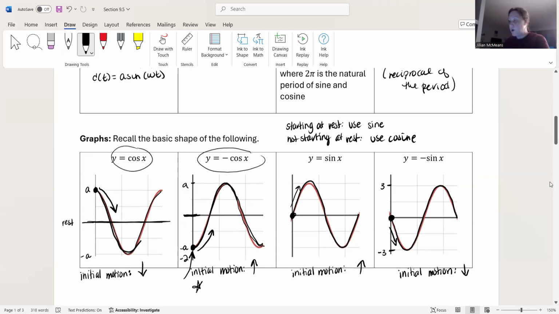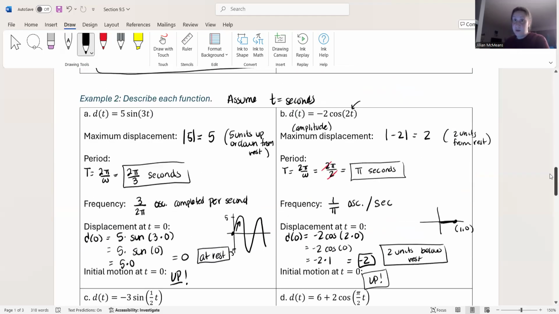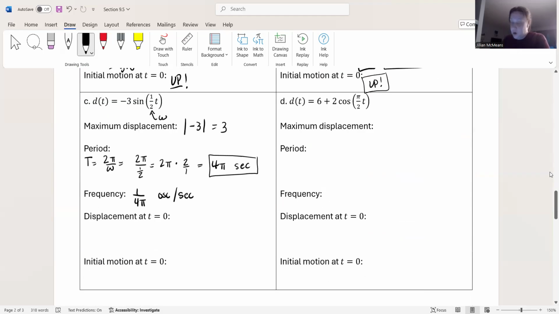Okay, so you can think about that logically, just kind of imagining the graph, or if you want to, d of 0 equals -3 times sine of 1/2 times 0. Okay, well, that's going to be -3 times sine of 0. And hopefully you remember that sine of 0 really is 0. So we just get 0. So we are at rest.